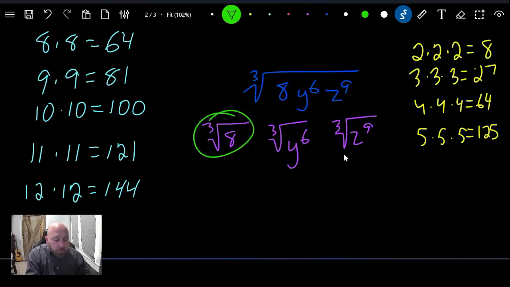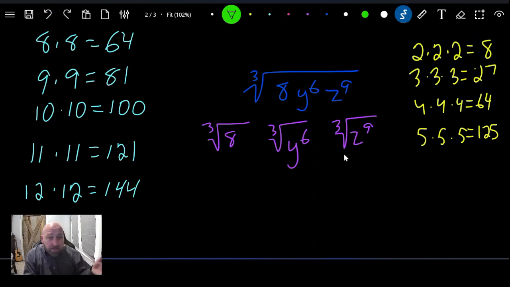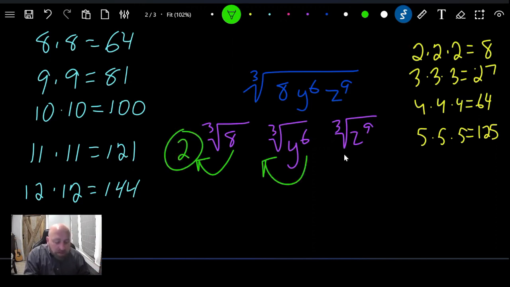Well, in a cube root situation, we're using this chart over here. So what is the cube root of 8? That's 2. So 2 comes outside. Well, what comes outside here? This is a little bit trickier maybe, but the same principle still applies. Here's what I like to do. I like to group them into groups that match my index.